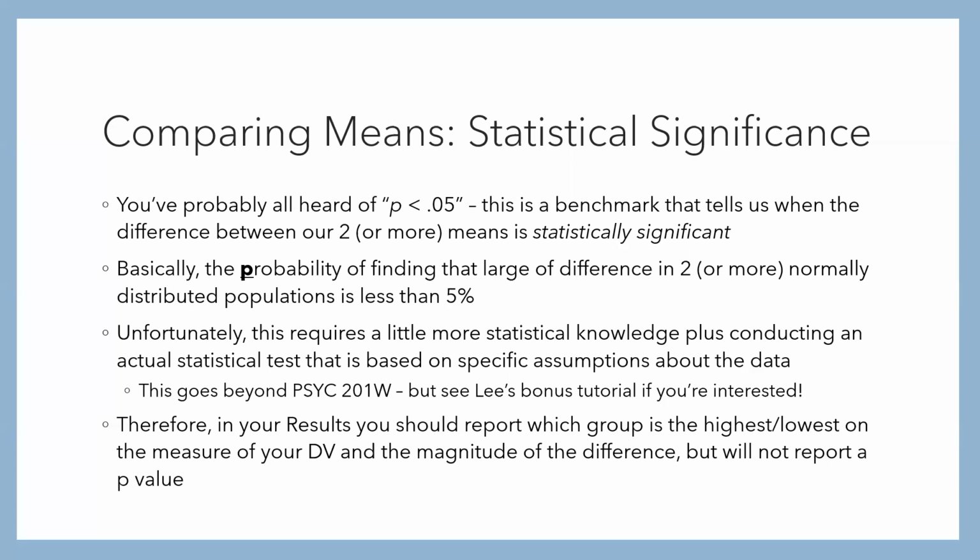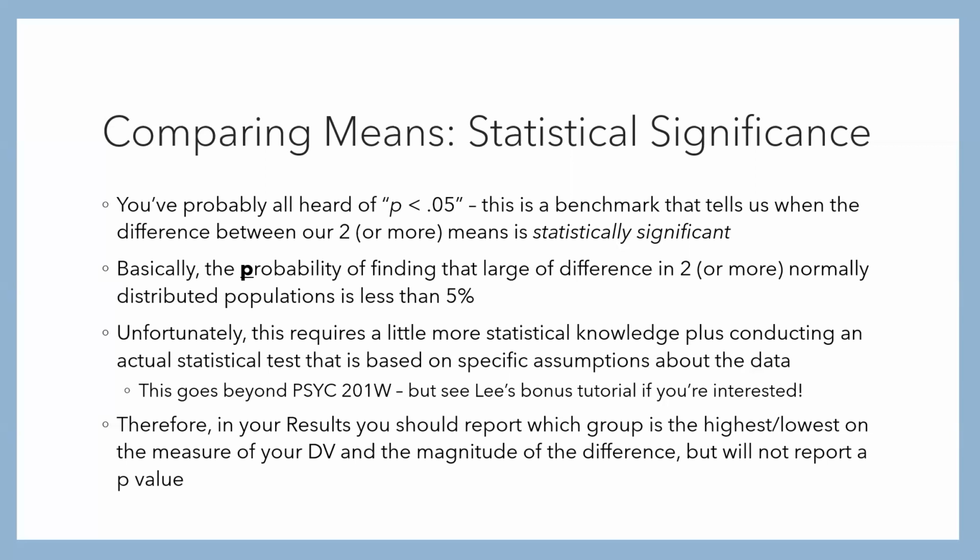So unfortunately, using p-values correctly requires a little more statistical knowledge, plus conducting an actual statistical test that is based on specific assumptions about the data that must be met. This goes beyond 201, but again, you can see Lee's bonus tutorial if you're interested, because he talks a little bit more about this too.